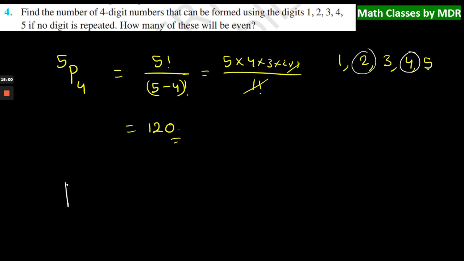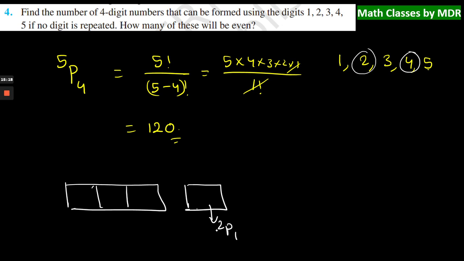So now to form the 4-digit number, 1, 2, 3, and this is the units place, and for the units place there are only 2 digits available, right? Only 2 digits are available. So this can be filled in 2p1 ways. Okay, 2p1 ways. And what about this? We have 4 digits available for filling these 3 places. So 4p3 is the permutation.